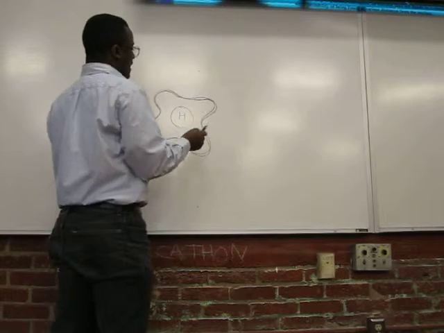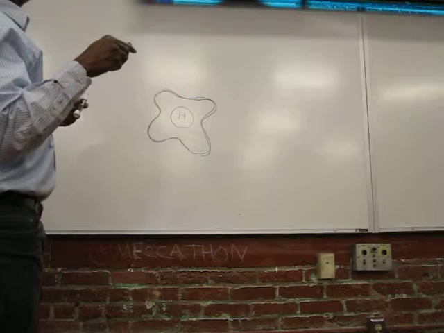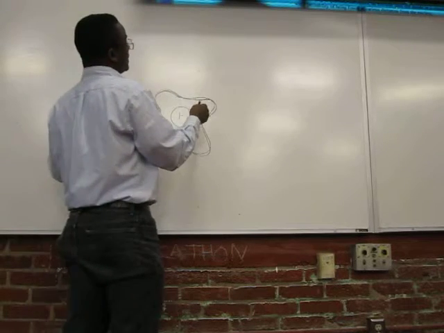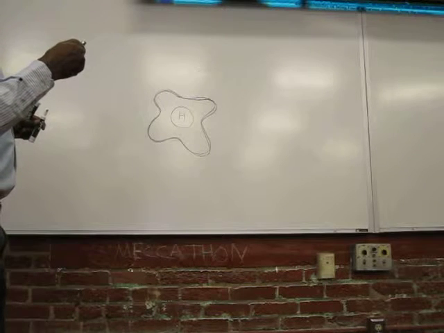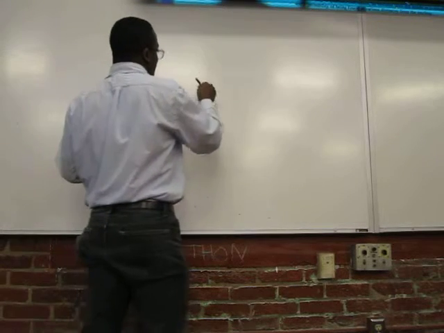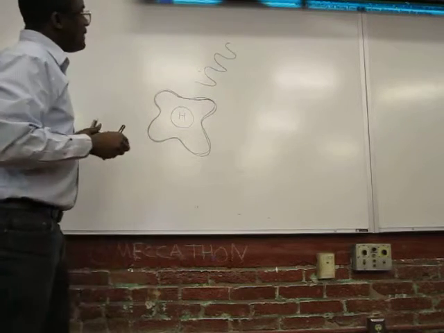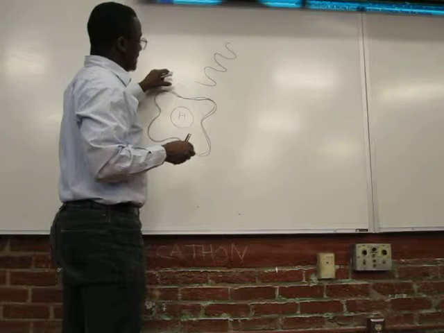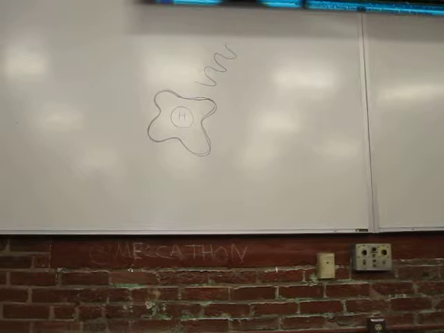If it gains some energy, it will go up to another energy state, but it will only be an energy state as described by equation 30.13. If it loses energy, it will only go from one state to another as described by equation 30.13 again, and it will release a photon, and that photon will have an energy that's the difference between those two energy states that the hydrogen atom is transitioning between.